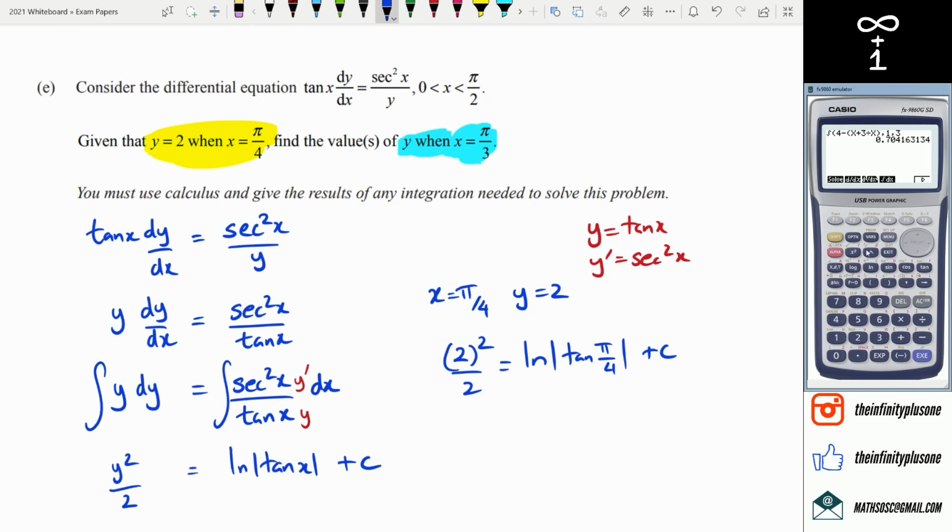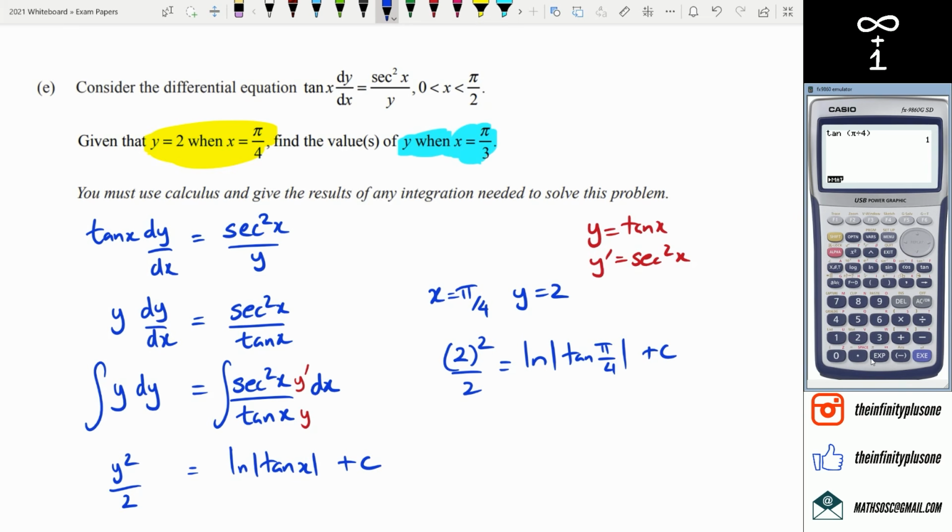So going into my calculator, I'm going to work out what tan pi over 4 is first. Always a good idea to check that, because I'm working in pi over 4, I want to make sure my calculator is in radians mode, which is good. So tan of pi over 4 is equal to 1.